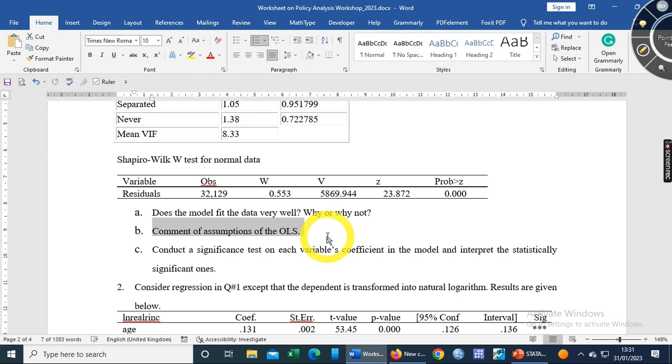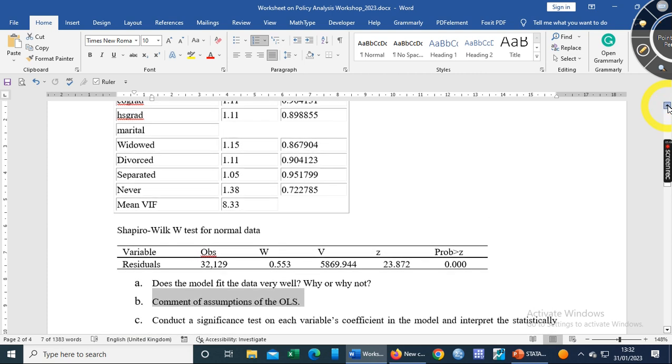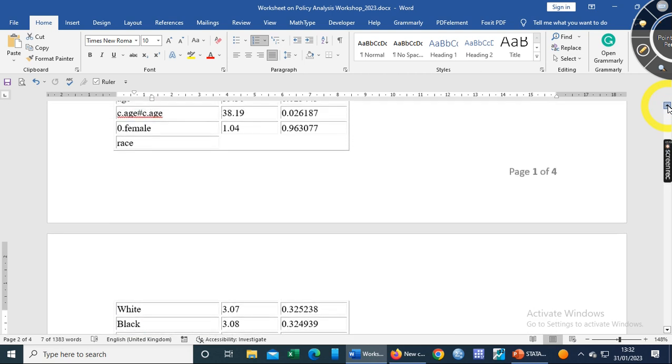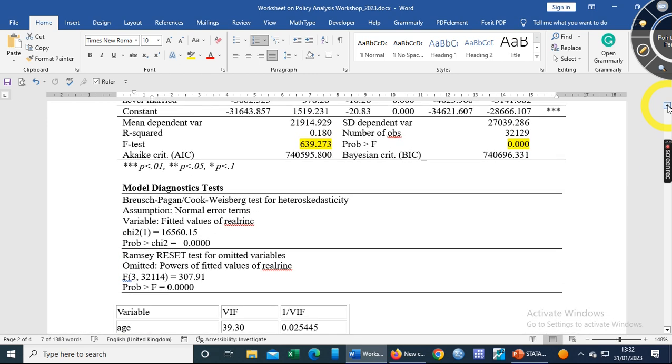For example, is there a problem of heteroscedasticity? Is there a problem of multicollinearity? Let's get back to the model diagnostics test.